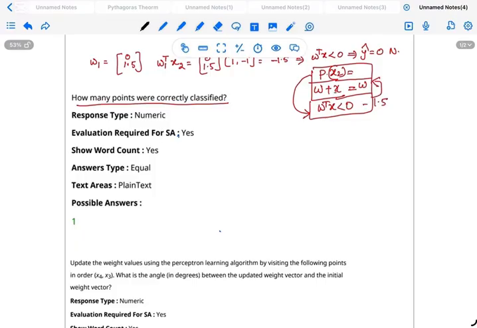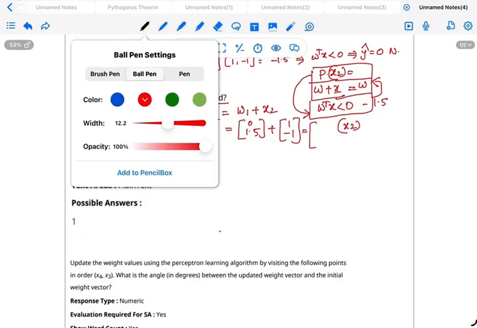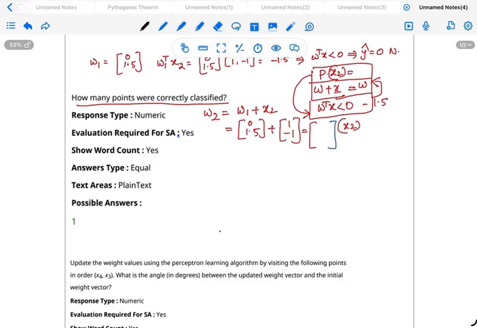So the update is W equal to W plus X. So W2, the new W, equals W1 plus X2, that is (0, 1.5) plus (1, -1). So the new W is (1, 0.5).